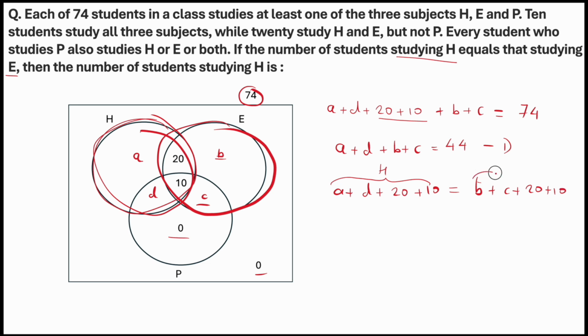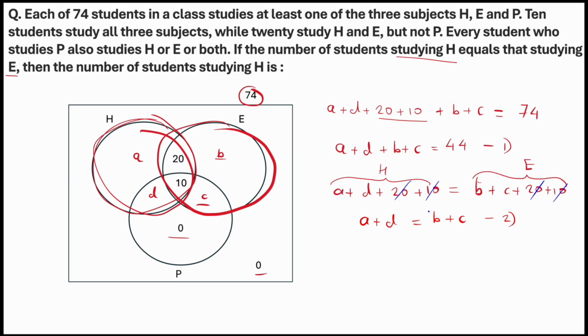So 20 and 20 cancel out, and 10 and 10 cancel from both sides. We will get A plus D is equal to B plus C. Let's call this equation 2.